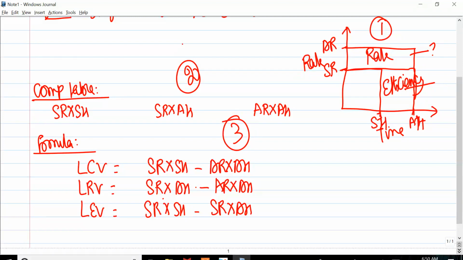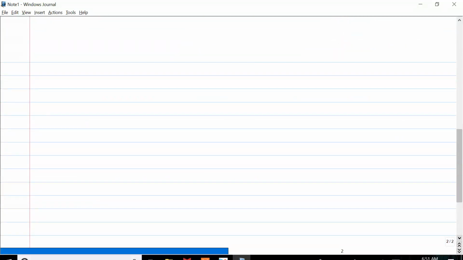Next point, SH will always be computed with the help of actual output. Any doubts on single labor? Clear? Can we proceed? Okay.